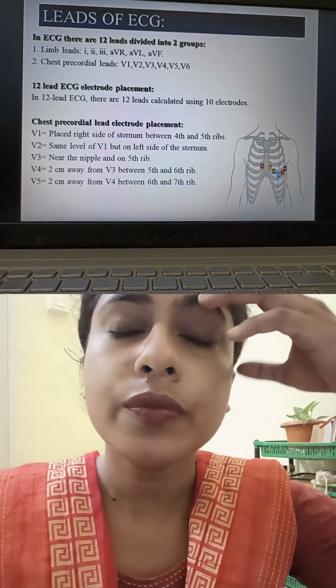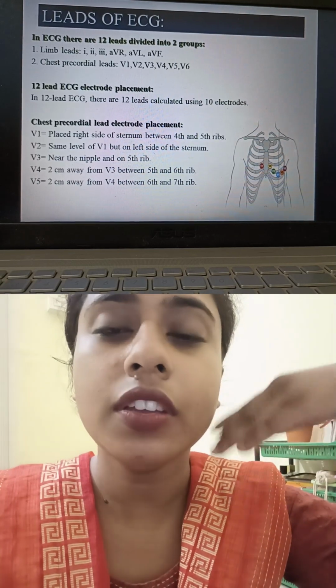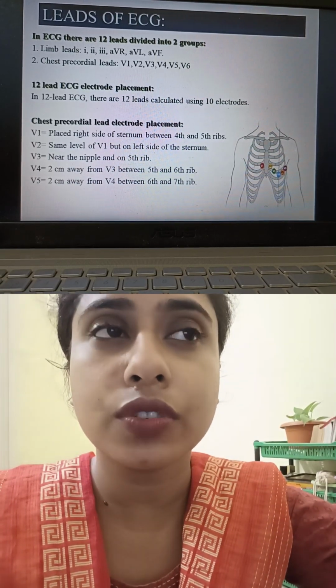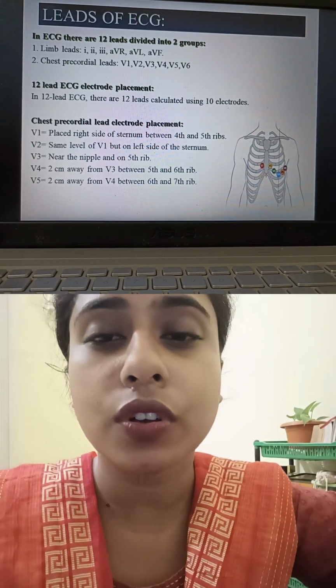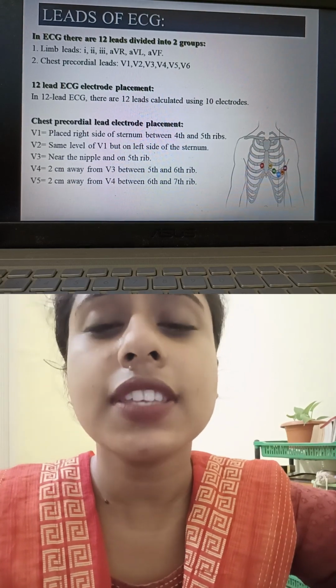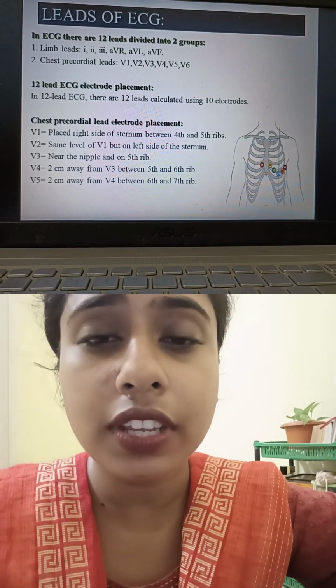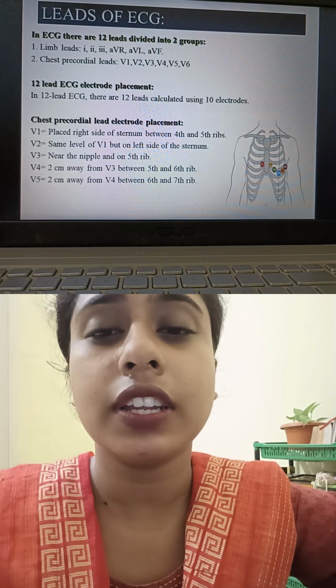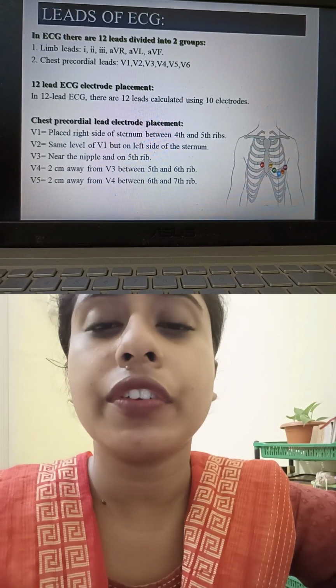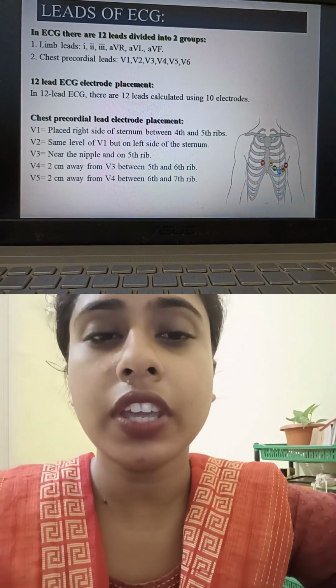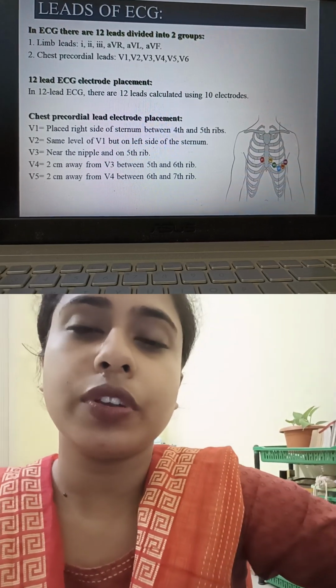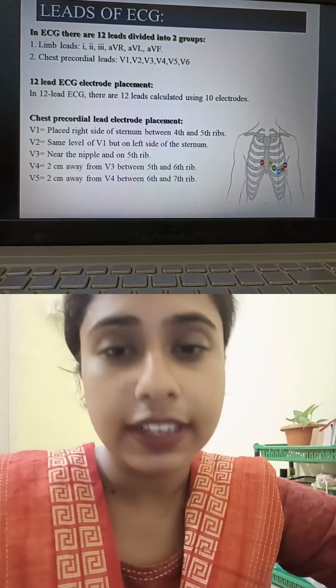The electrode V5 will be placed over the 6th and 7th intercostal space, 2 centimeters away from V4. And V6 will be on the axillary line.